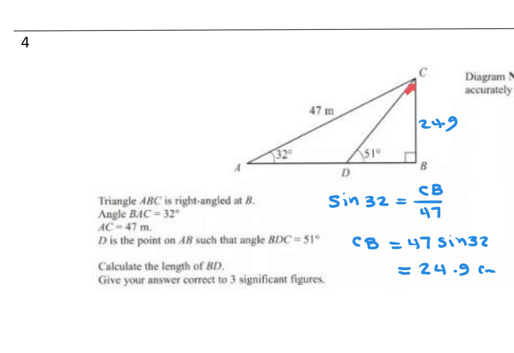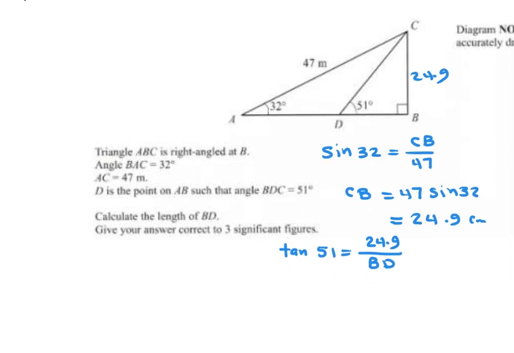Now in triangle DBC, for this angle, we have the opposite and we need to find the adjacent. So we can use tan. So tan 51 equals the opposite, which is 24.9, over the adjacent, which is BD.